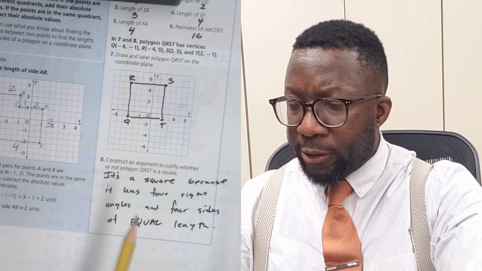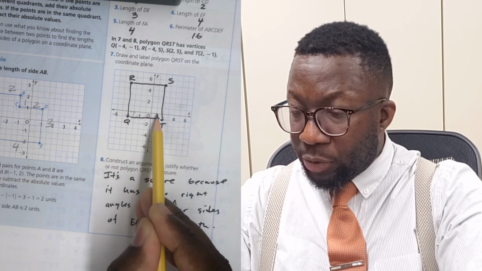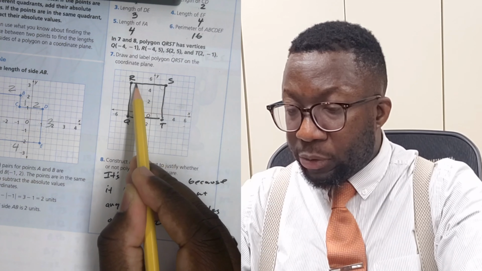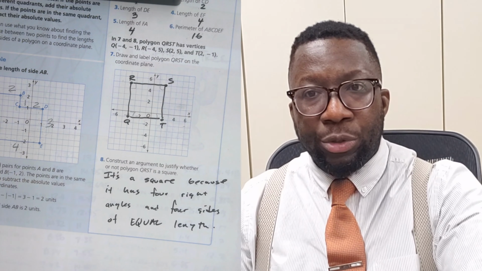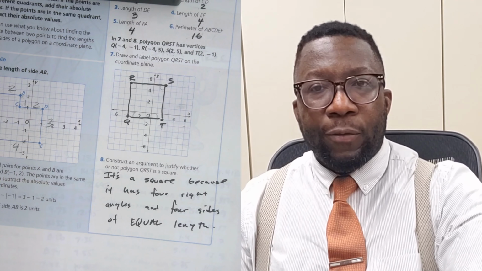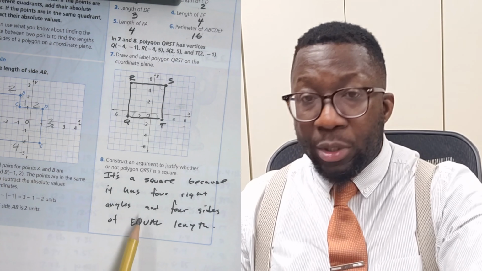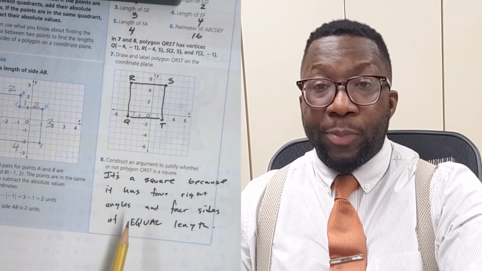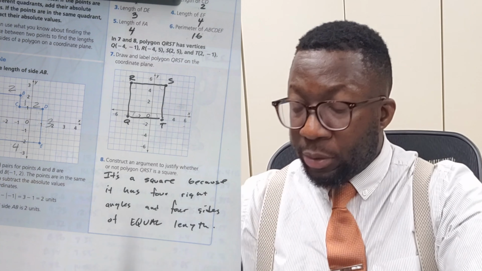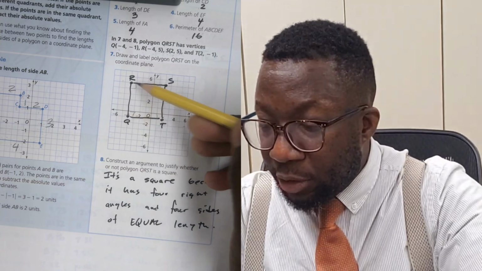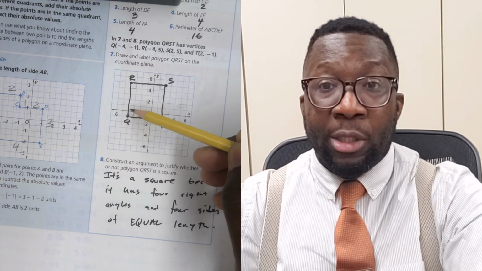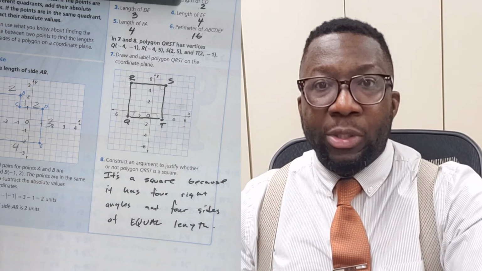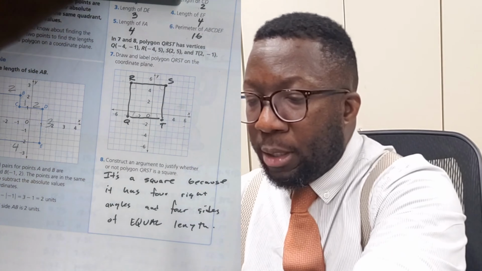Squares are four-sided figures. They have right angles, in particular 4 right angles, which are 90 degrees. They make these corners, these vertices, of 90 degrees. And the thing about a square that's very special is that all 4 sides are equal. So when we look at each of these 4 sides and they're all equal to each other, that's why we can justify that this is a square, right?